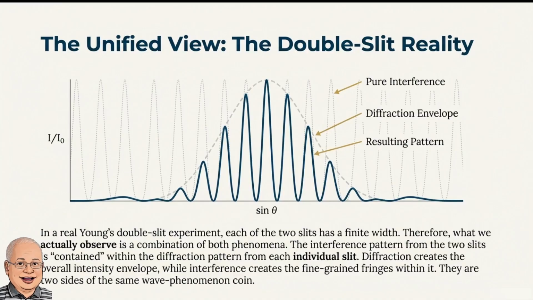Each individual slit results in diffraction, and from the two slits we get interference. The diffraction creates the overall intensity envelope, while the interference creates the fine-grained fringes within this envelope. So they are two sides of the same wave phenomenon coin.